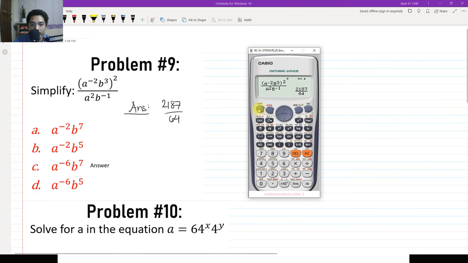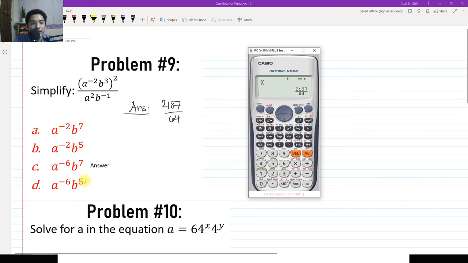So we have to press shift, press RCL, and then x here. So we can shift store x. We have stored it in the value of x. How do we know? If we press alpha x equal sign, that is 2187 over 64.